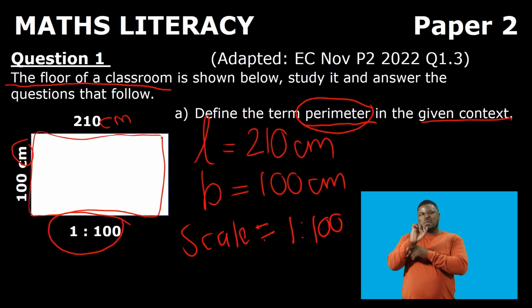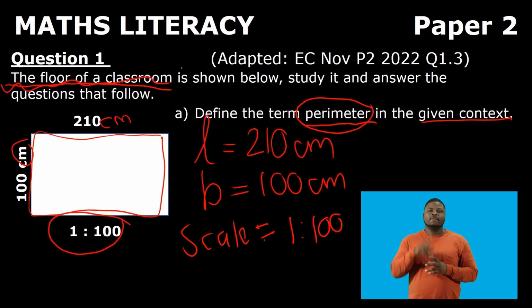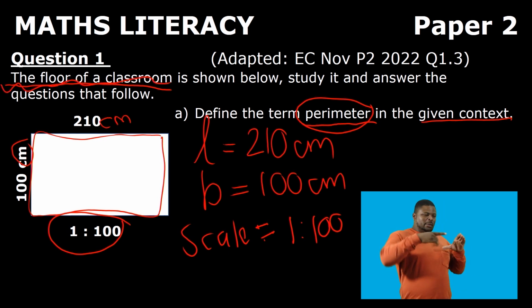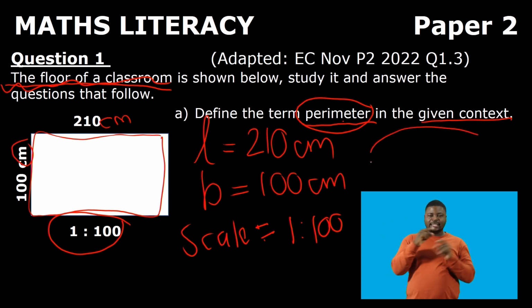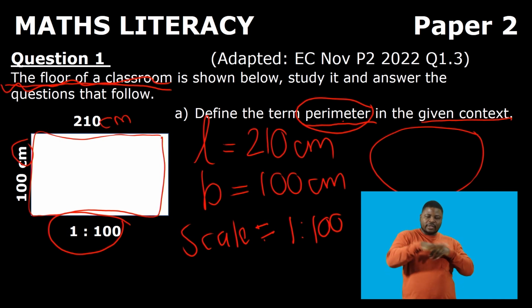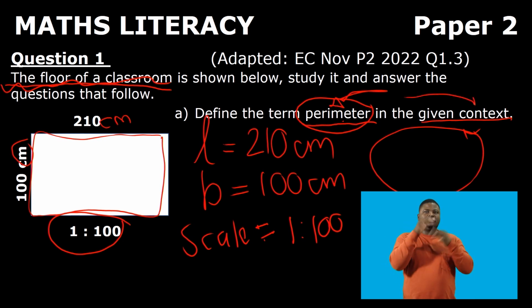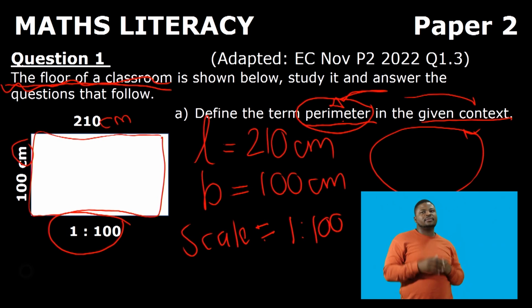The given context is the floor of a classroom. So now you need to say perimeter is the distance around the floor of the classroom, where you write your terminology, a definition for that, and refer to the floor of the classroom.